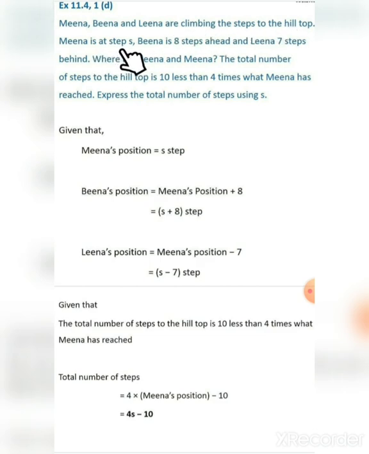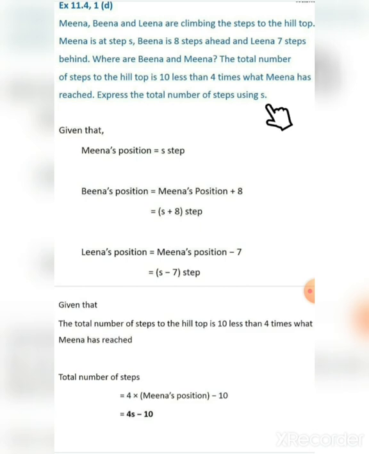Meena is at step S. Beena is 8 steps ahead and Leena 7 steps behind. Where are Beena and Leena? The total number of steps to the hilltop is 10 less than 4 times that Meena has reached. Express the total number of steps using S. Complicated also, interesting also. Let's do it.